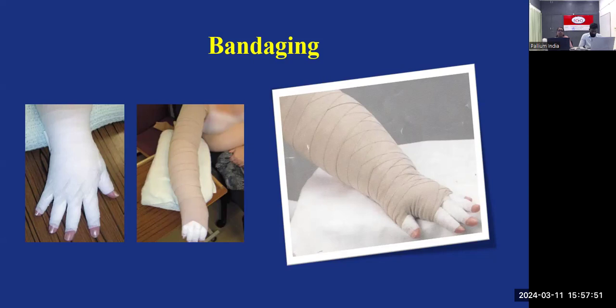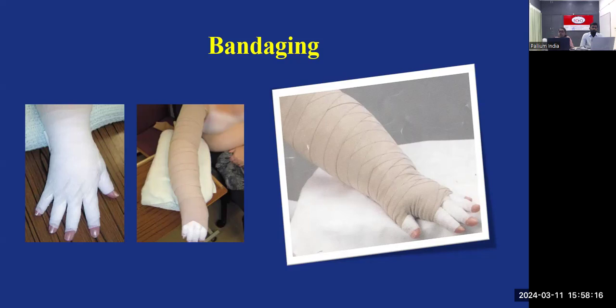Once the edema is reduced, then they can do a little skin care, and if they are able to apply stockings, they can wear those. But during the initial period, they have to wear continuous bandages.